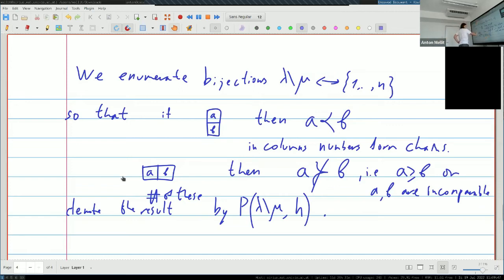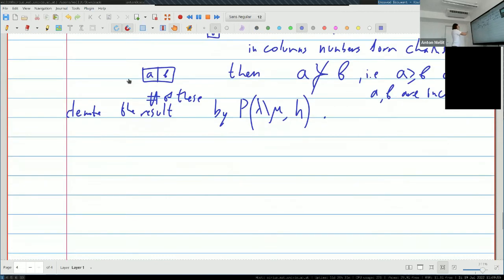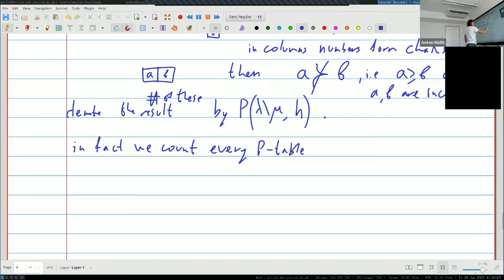Now, I actually want not to do this. This was the older thing, but in fact we count every P-tableau with a q weight, which is defined as follows. q to the number of pairs i less than j, with i and j incomparable for this new order.